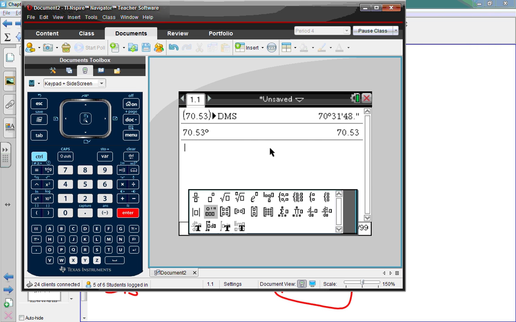Nope, it doesn't. It doesn't put it in DMS. 70, 31, 48. Yeah, I got it. You didn't. I'm in radians. Oh, I'm in degree mode though. Yeah. Okay. In degrees. Yeah. So it's double degrees. Okay, do we all understand what's on there?